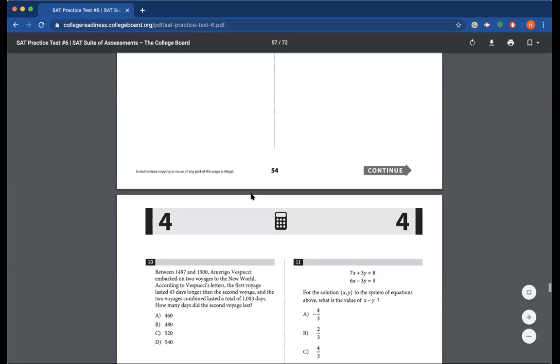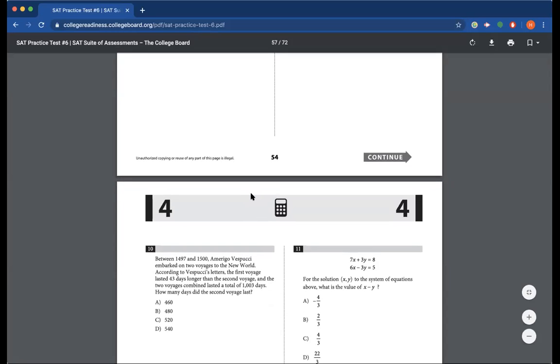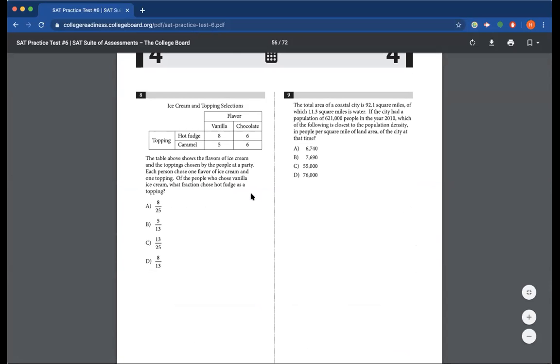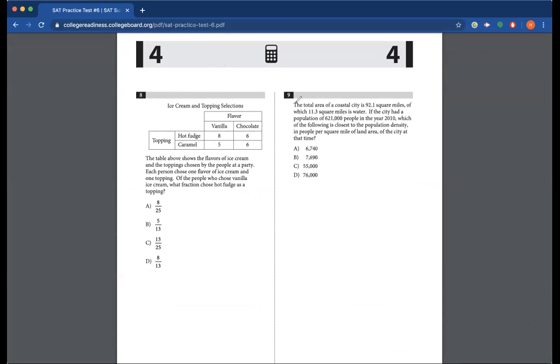Number 10, okay. Yeah. Any others? So easy. Okay, so let's go to the first 9. Let's start off with 9, and then we'll go to 10.